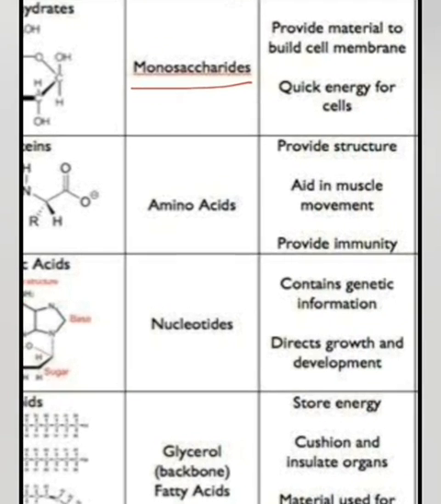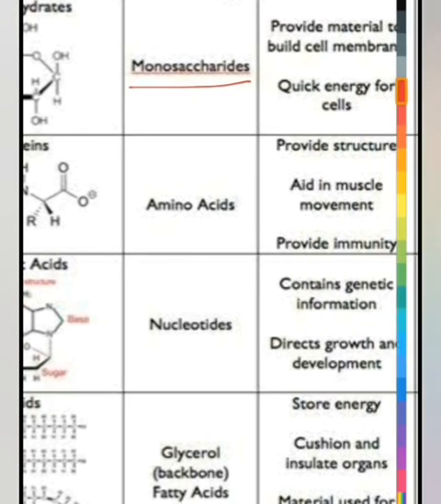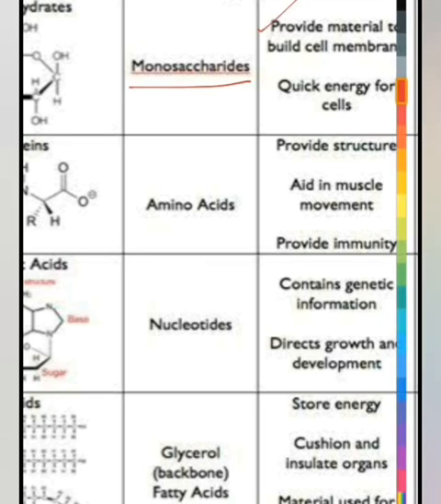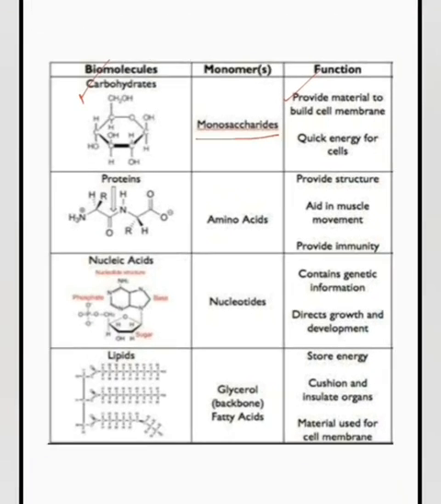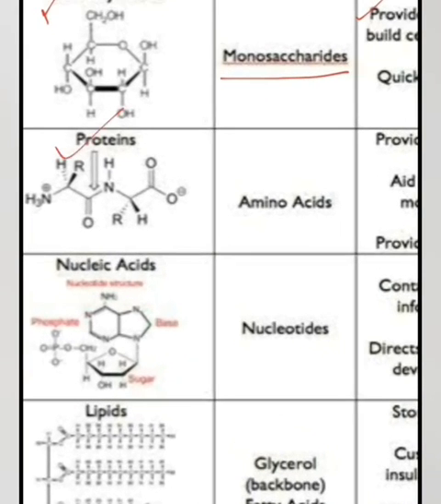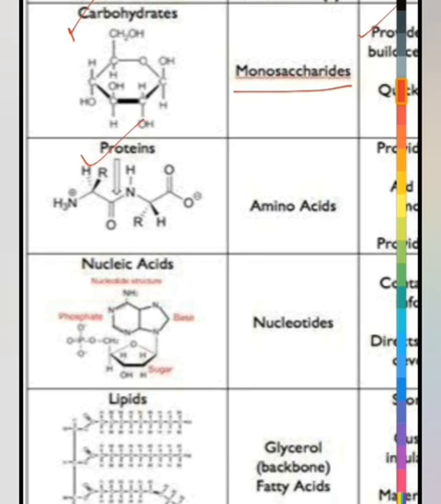Now what is the main function of carbohydrate? They provide material to build the cell membrane and also provide quick energy for the cells. So carbohydrate is one of our most important biomolecules. The next one we come to is proteins.